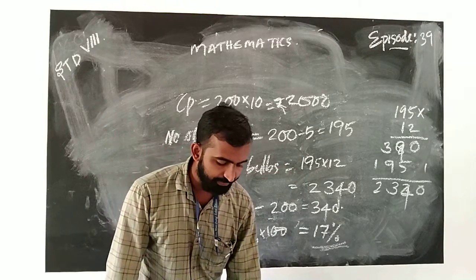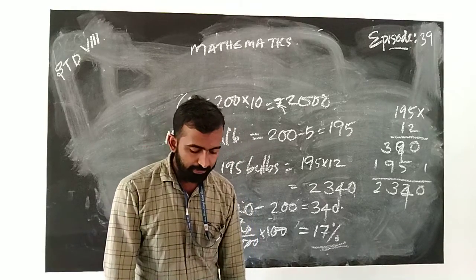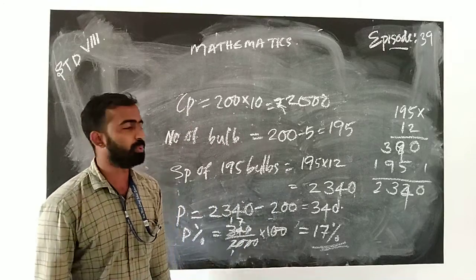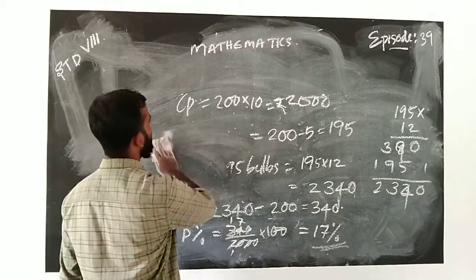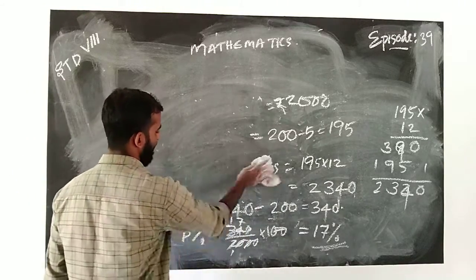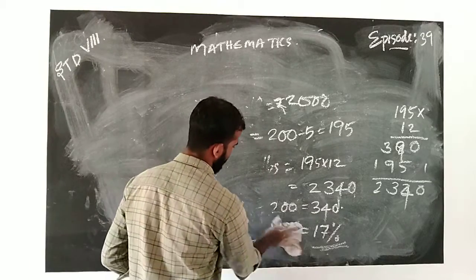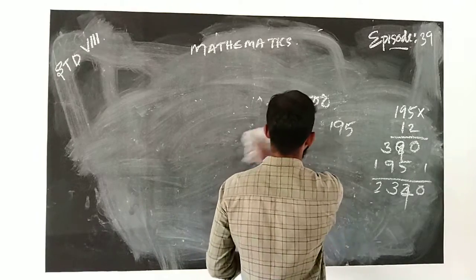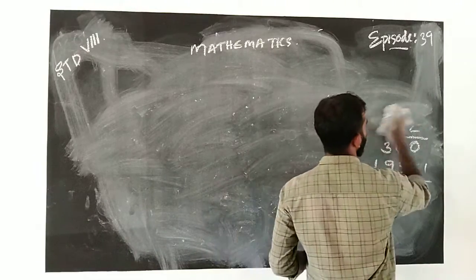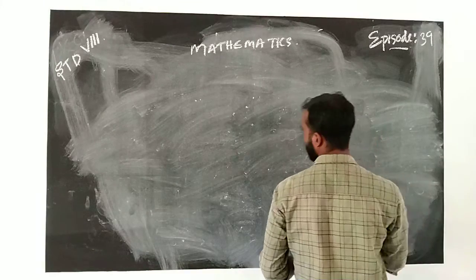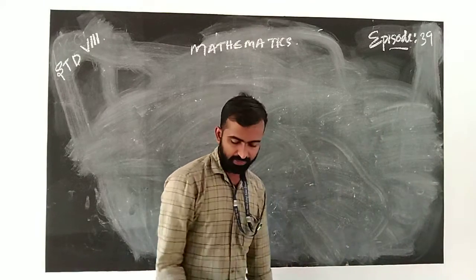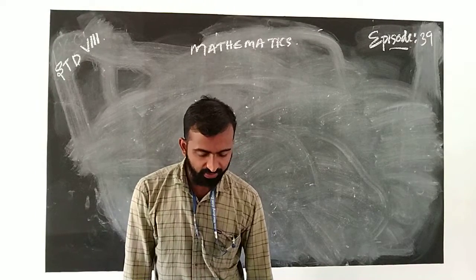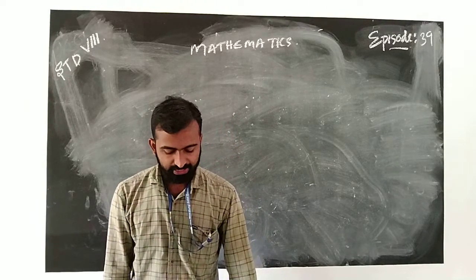And next is example 7. Meenu bought 2 fans for 1200 each.